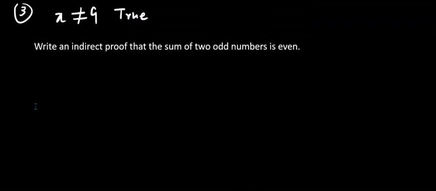Let's look at the next one. We're going to write an indirect proof that the sum of 2 odd numbers is even. Remember step 1, we need to make a temporary assumption that the desired conclusion is not true, so it's false.